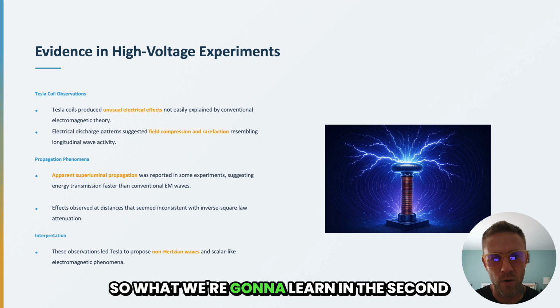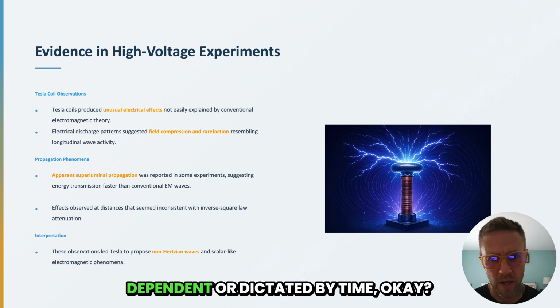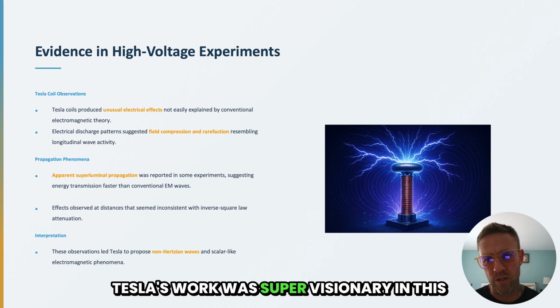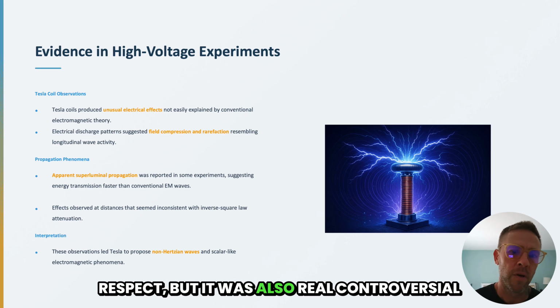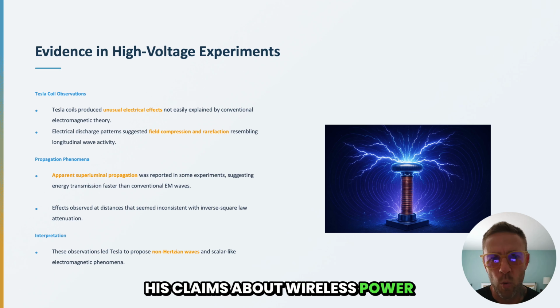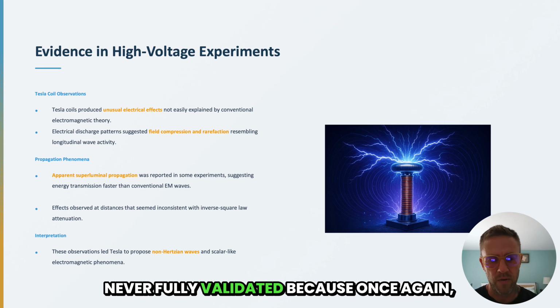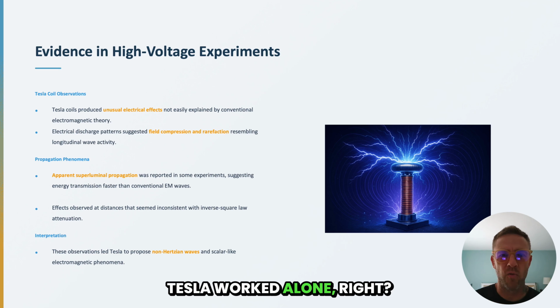So what we're going to learn in the second presentation is how scalar waves are not dependent or dictated by time. Okay. Tesla's work was super visionary in this respect, but it was also real controversial at the time, as you could imagine. His claims about wireless power transmission and non-Hertzian waves were never fully validated because, once again, Tesla worked alone, right?